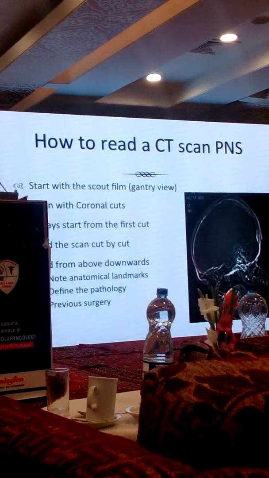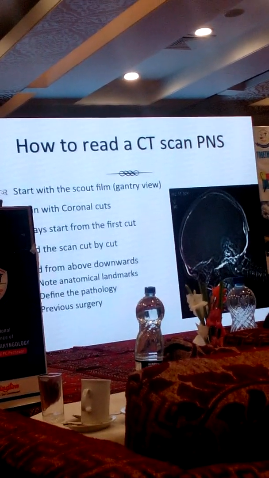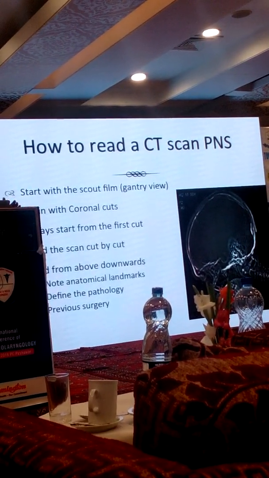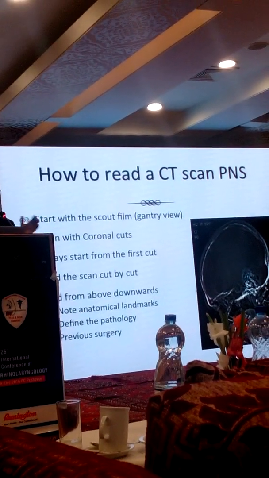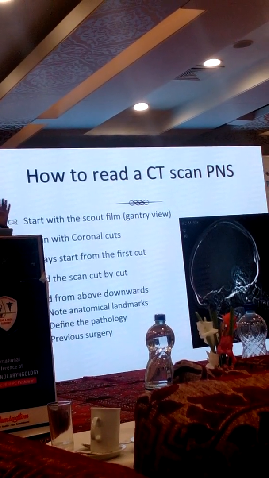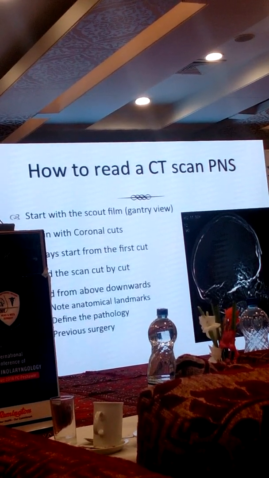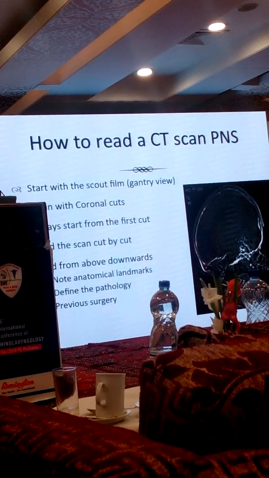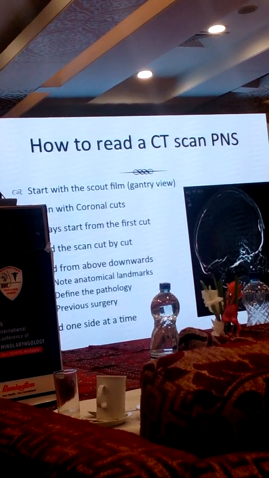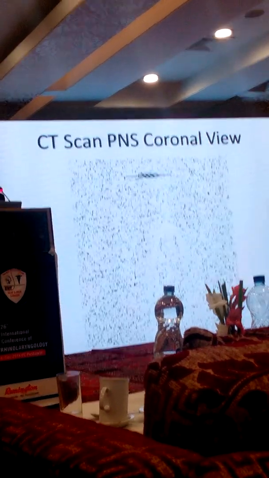When we are doing surgery, we do the right side first, then the left side, right? So try to read the CT scan like that. I will see the right side, then the left side, then the pathology. And always look for previous surgical defects or landmarks.